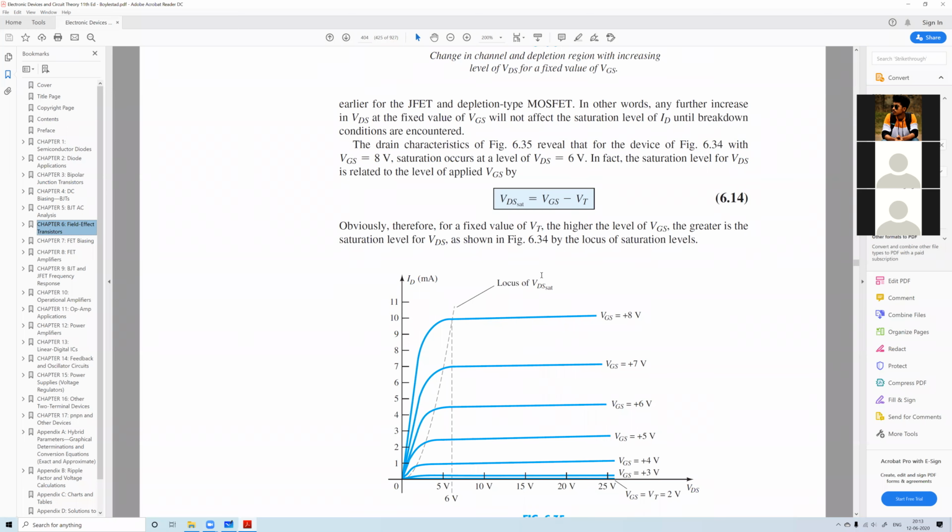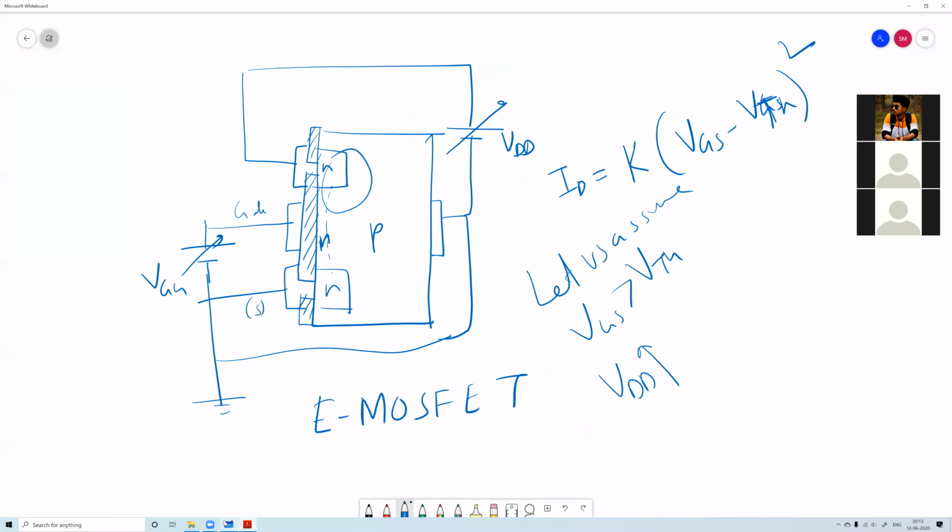So why does saturation voltage increase with VGS? Anybody? From this equation it is very clear that if I increase VGS, VD sat will increase because VT is a constant. So why does VD sat increase with VGS? Anybody?